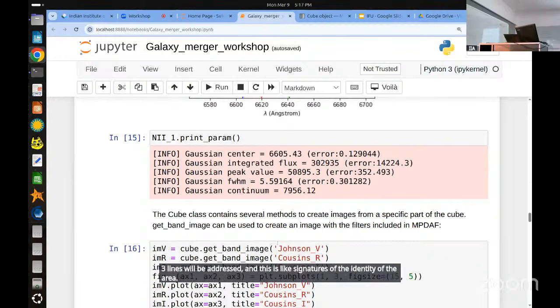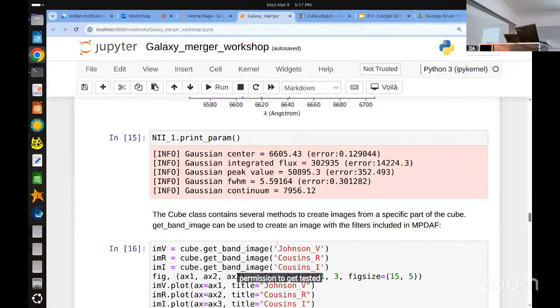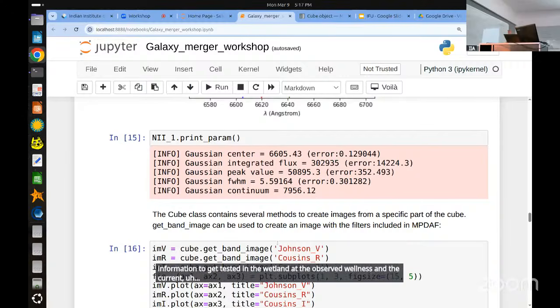From this three-line modeling, you get the observed wavelengths, and then using lambda 1 minus lambda 2 kind of information you get the shift between the observed wavelength and the rest frame wavelength, and use that to get the redshift. So if the galaxy has an unknown redshift, you can use such information to get the redshift of the galaxy.